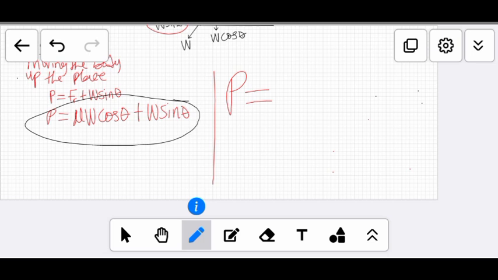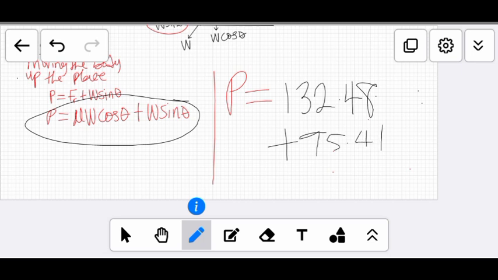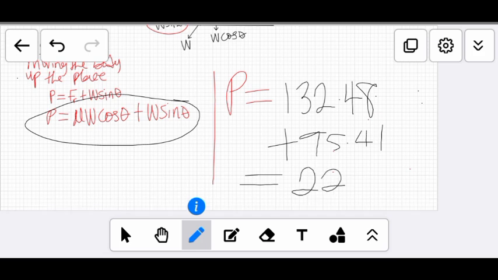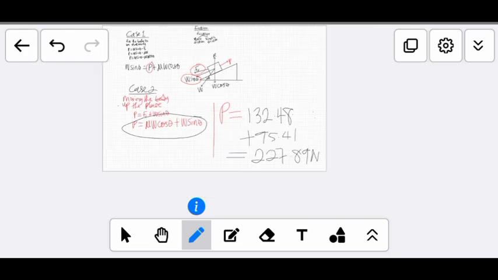We find our W sine theta, which we have done already, that is 132.48, plus the frictional force, which we calculated to be 95.41. For it to move up the plane, you just have to add these forces together. Adding them together, you will have 227.89 Newton.